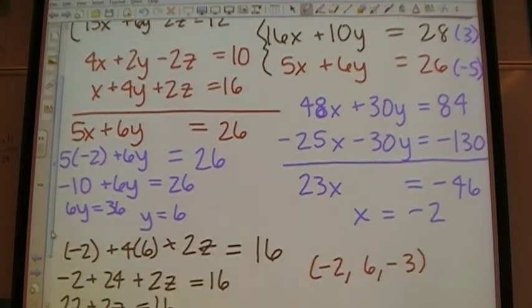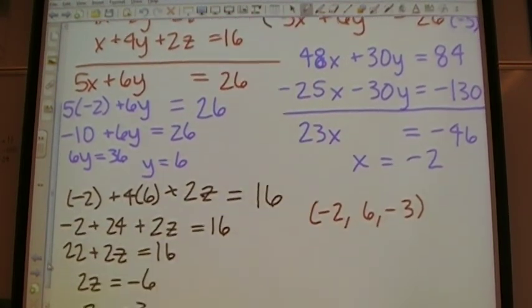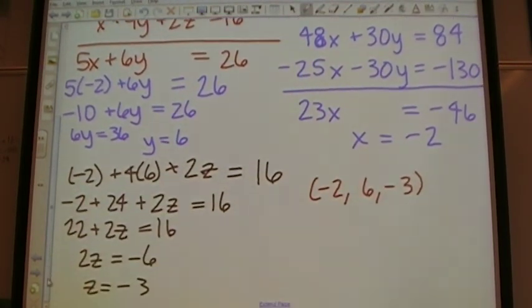Yeah. So z comes out to be -3. So your solution should be -2, 6, -3.